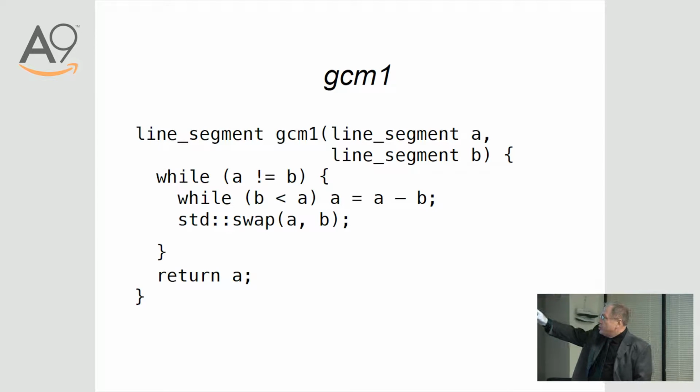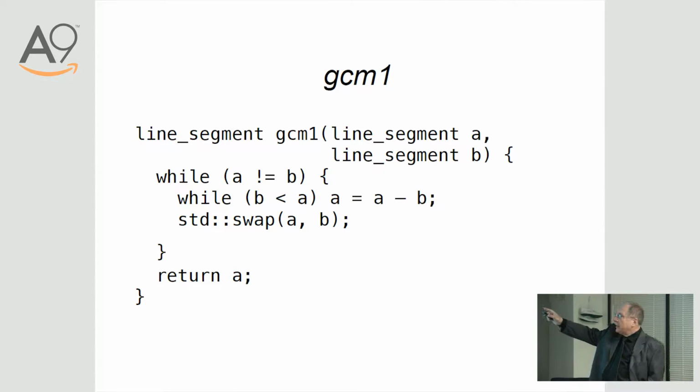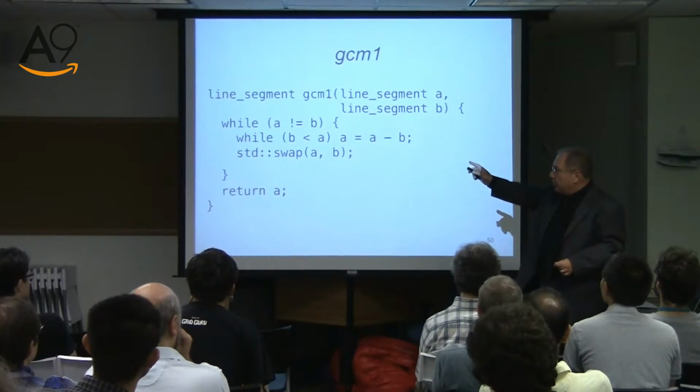What we could do is say, let us subtract b from a for as long as we can. Otherwise, let's swap them. Again, check whether they're equal.